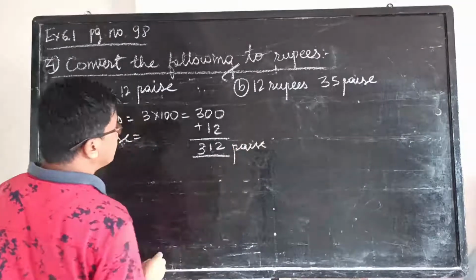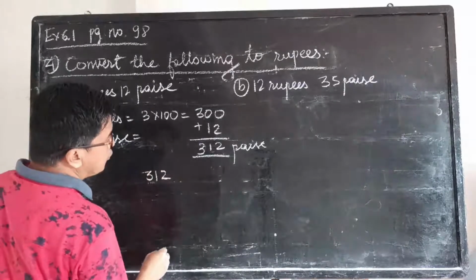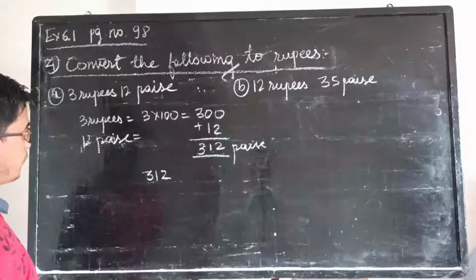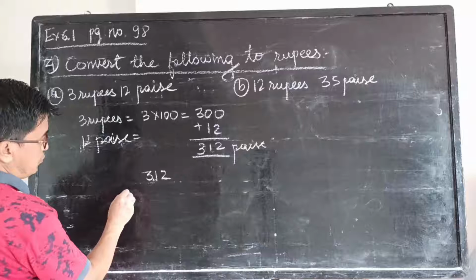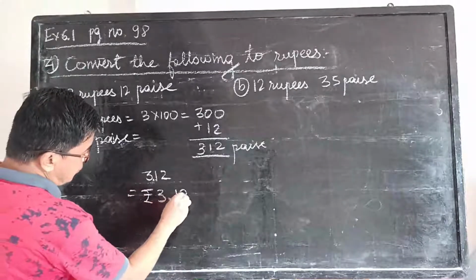Now you convert this into rupees. Now 312. You put a dot 2 digits from the right. After 2 digits from the right, put a dot. That is equal to rupees 3.12.